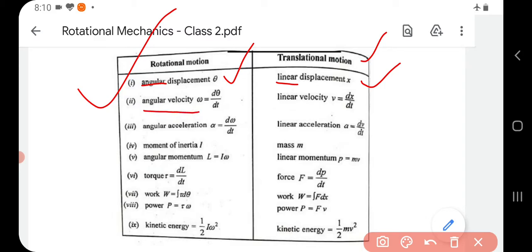Angular velocity, the rate of change of angular displacement with time, is omega equal to d theta by dt. But here it is linear velocity, represented as v equal to dx by dt. Now angular acceleration alpha, the rate of change of angular velocity with time, is d omega by dt. Here it is a equal to dv by dt, that is, the rate of change of velocity with time.